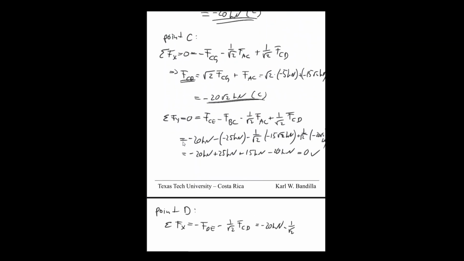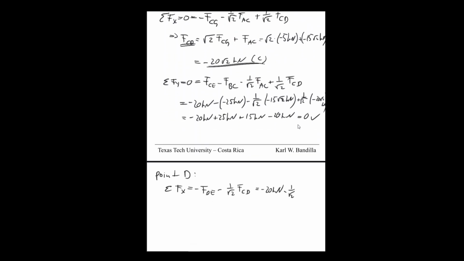So equal to minus 20 kilonewton, minus 1 over square root of 2 FCD, which we just got was minus 20 square root of 2 kilonewton. That gives me minus 20 kilonewton. Minus and minus is plus, the square root of 2 cancels. That is also good. Now let's hope the last one is good too.